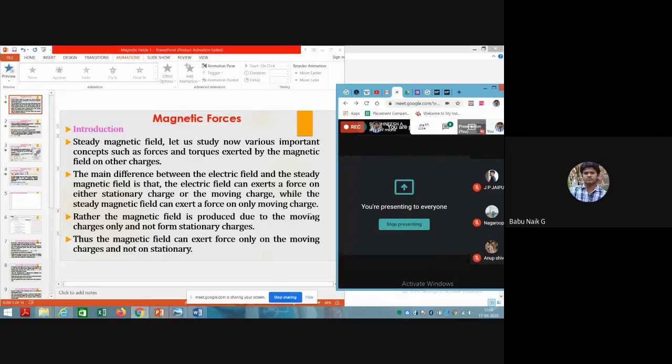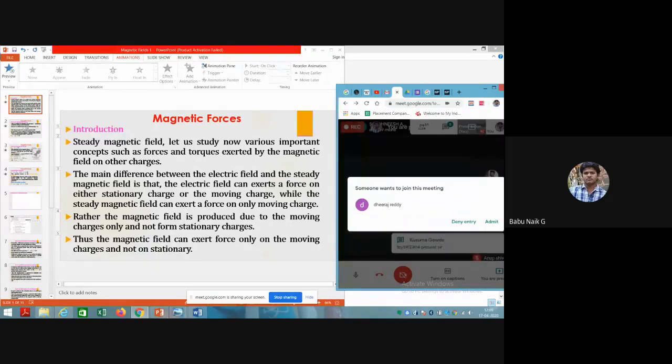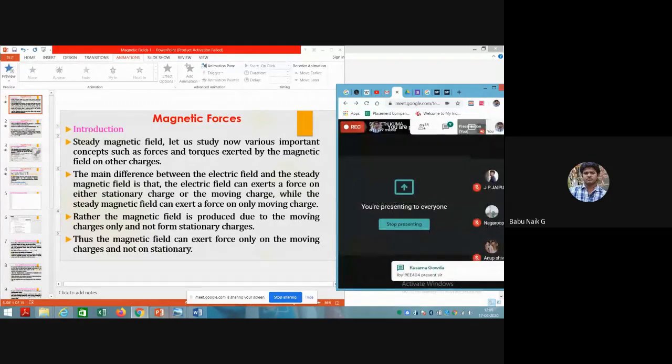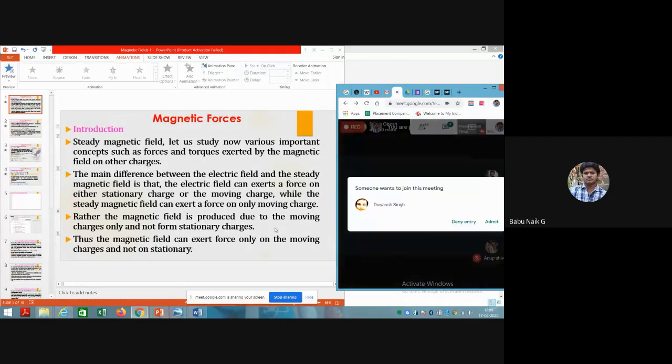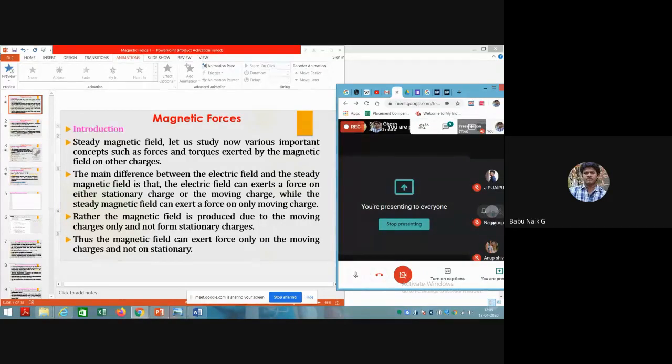Okay, now let us take the introduction part. In this we are going to determine the force and the torque in a magnetic field and an electric field.